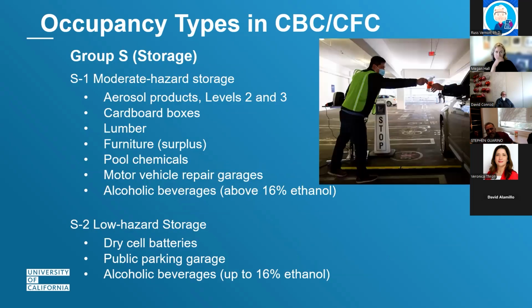Okay, group S storage. We certainly have parking garages, S2s. This could also be spaces that are high piled storage with all kinds of different materials being stored there. Berkeley had an S1 space where they were constructing a brand new pool, and they wanted an accessory building that just stored pool chemicals.